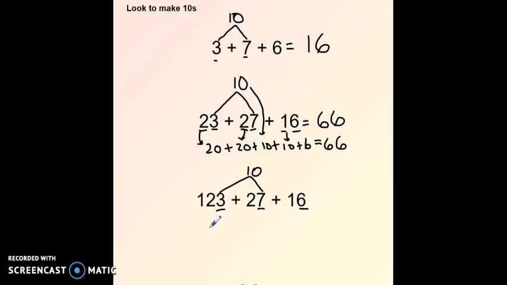Now I need to add up what's left over. So here, what's left over is 120 plus this 20 plus the 10 plus, now I can either do it separate as a 10 and a 6, or I can put it together as a 16.